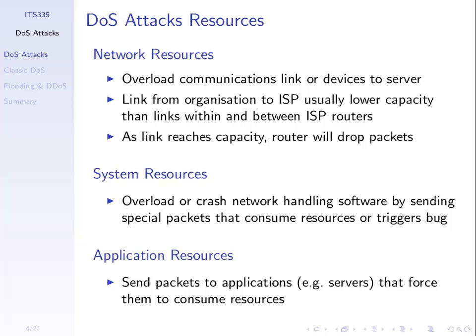Other denial of service attacks will look at either applications or the system. For example, try to crash the software that handles the forwarding of packets. So there's been attacks where say a router has software running on it that looks at the packet and then sends it on, and then looks at the next packet and sends it on.